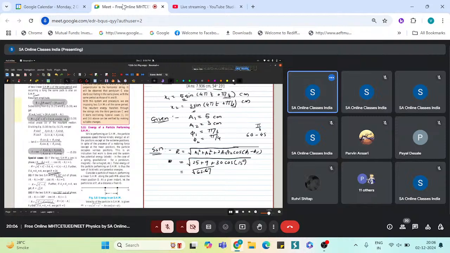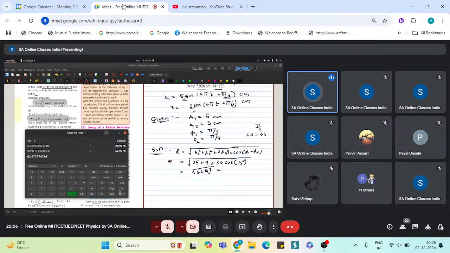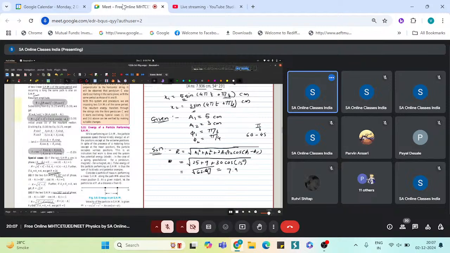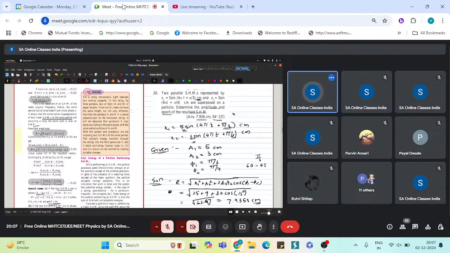I'm just going to also take the root here itself. It'll be something around 8, but just to find out the exact value, this is going to be 7.9358. And this is in centimeter because they have given the values in centimeter. So you can see the answer is 7.936, where they have taken 3 significant digits, and that is fine.